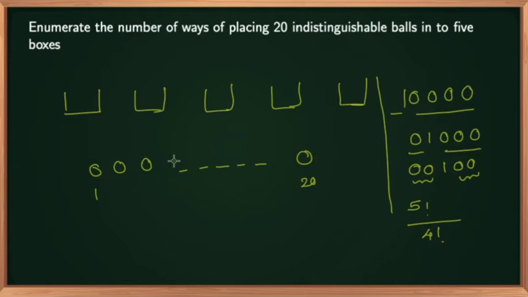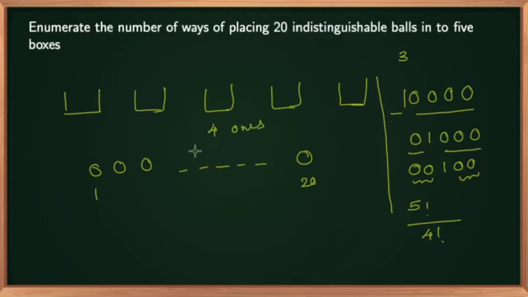Here there are 5 boxes, so how many ones will there be when you consider 5 boxes? There will be 4 separations, because when you have 2 boxes, only one separation is enough. When there are 3 boxes, you need to have 2 separations. Similarly, when you have 5 boxes, there will be 4 ones.